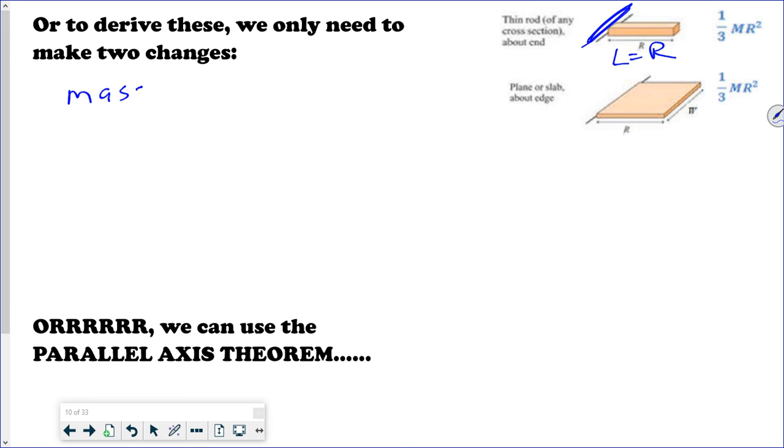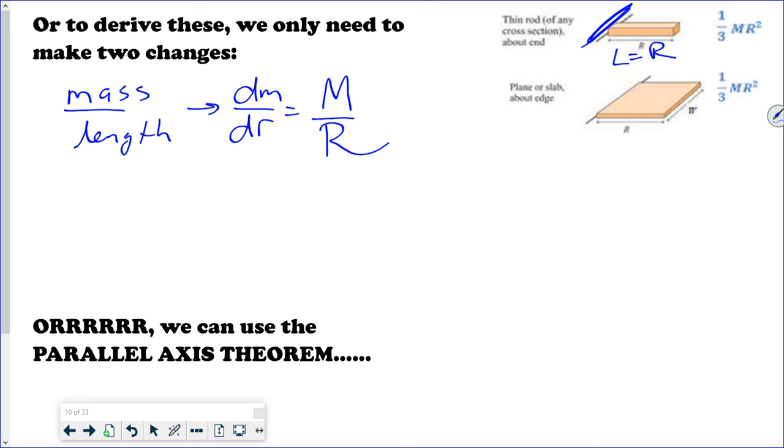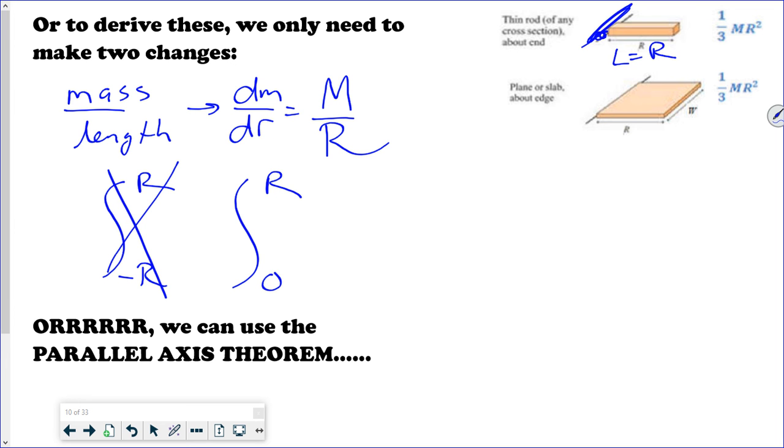When you do your mass per unit length substitution, your dm over dr becomes the mass per unit length, because now r is the length of the whole thing. And when you integrate, instead of integrating from negative r to positive r, you only have to integrate from 0 to r, because you're just going from here out. There's nothing on the left side of the axis. Otherwise, the calculation goes exactly the same, and you get 1/3 mr squared again.